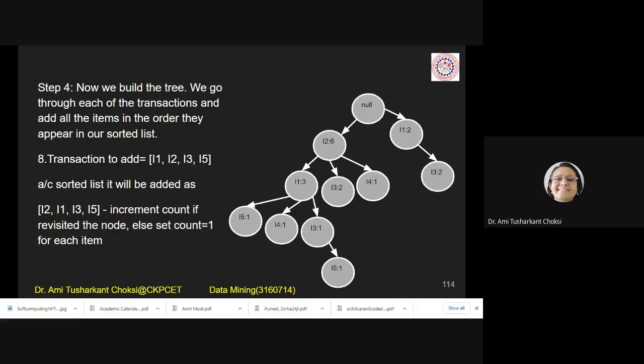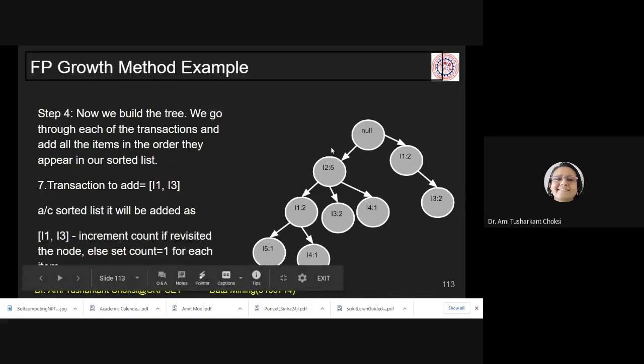Okay. Now, next is I1, I2, I3, I5. But according to the sorted list, we are having I2, I1, I3, I5. And what we have to do is increment the count if the node is revisited, right? For I2, we increment that. What was there? It was 5.